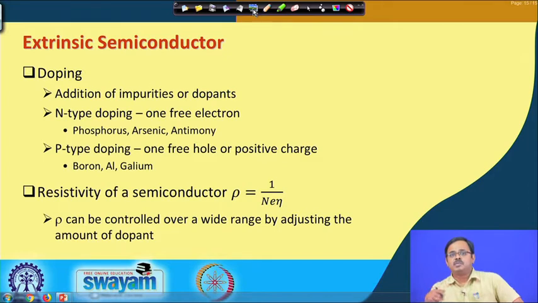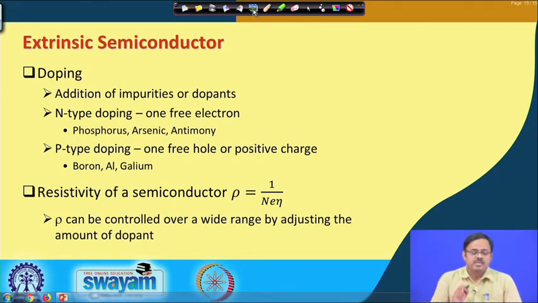Therefore, the mobility of an electron is higher than that of a hole. So, for the same concentration of dopants, the resistivity of an n type doped semiconductor is going to be lower than that of a p type semiconductor, because the mobility of an electron is higher than that of a hole.